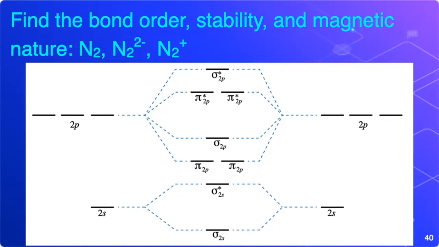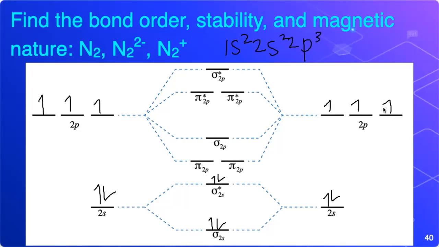So kanina, pinakita natin sa N2, di ba? Ang kanyang electron configuration is 1s2, 2s2, and 2p3. So isulat ulit natin yung kanilang electrons. We have 3 here. Okay.